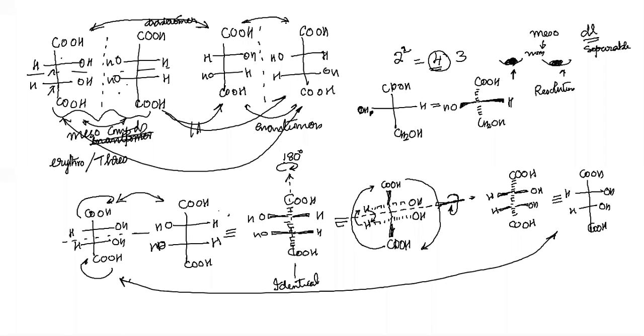Racemization is conversion of an optically active compound into an optically inactive equal mixture of enantiomers. Okay, so that is racemization. Suppose you take lactic acid.